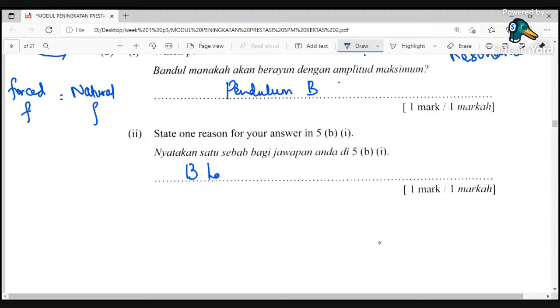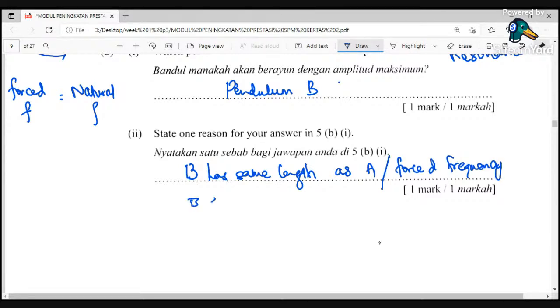B has same length as A, same length as X, force frequency is equal to natural frequency.